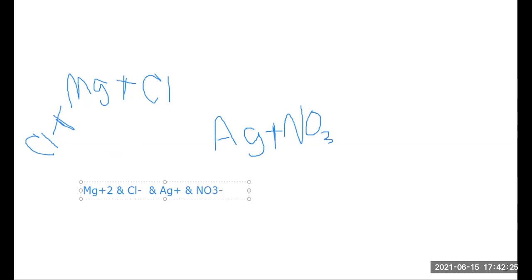All right. It's kind of like doing FOIL from algebra. Remember first, outer, inner, last? Okay. The positive, this one will try to stick to that one, because you can't stick positive things to positive things and you can't stick negative things to negative things.